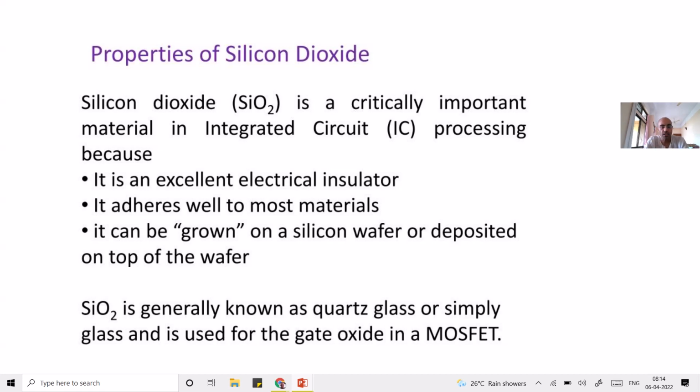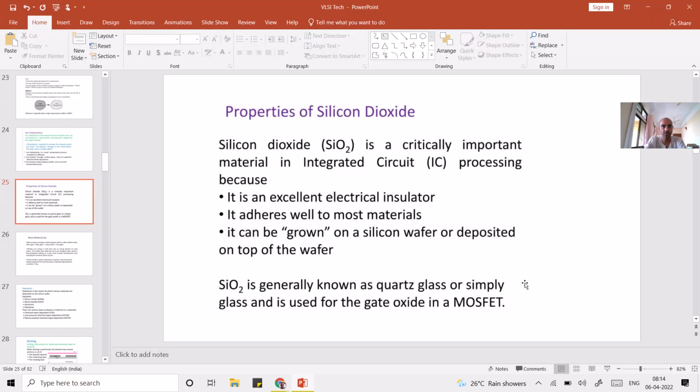The first thing is that SiO2 is usually used. Excuse me, sir. Yes, please. Sir, are you changing the slides? Because ion implantation is still visible. Okay. The properties of silicon dioxide is not yet visible to you? No, sir. Now it is? Yes, sir. Okay, so I'll keep it in this mode only, because if the slide is not changing, it's good you told me in the beginning.